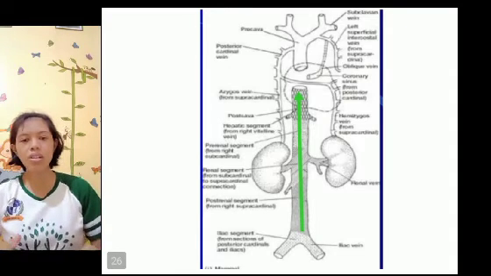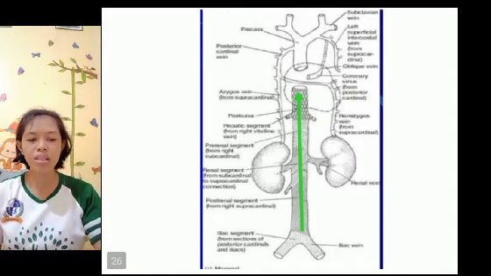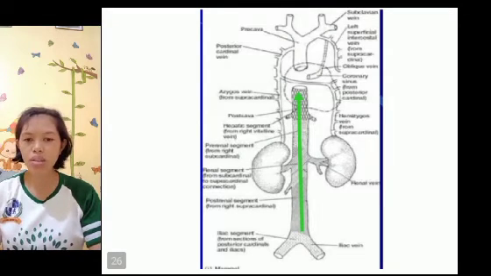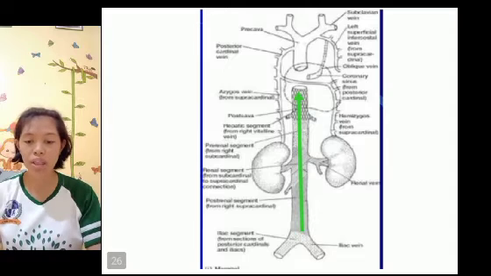Another thing that I did not include in our presentation: this area here, the precava, or in another term, the superior vena cava, or cranial vena cava. This area is from the common cardinal vein that we saw in the fish.